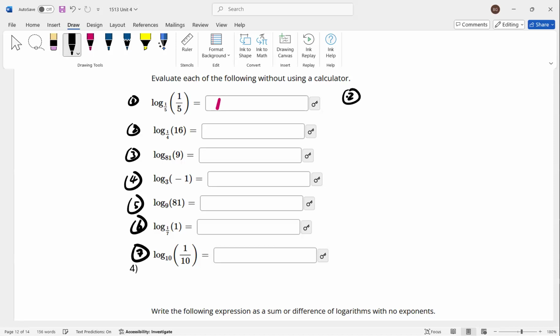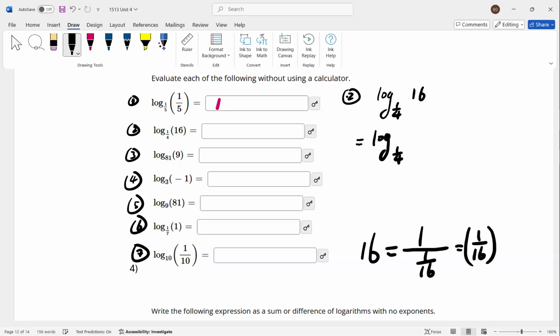We have different ways to get it done. Log with base 1/4 and 16. One way to get it done is to rewrite the argument as a power of the base. How do we do that? That might be a little bit challenging because it involves some algebra, right? 16 can be written as the reciprocal of 1 over 16, or 1 over 16 to the power of -1.